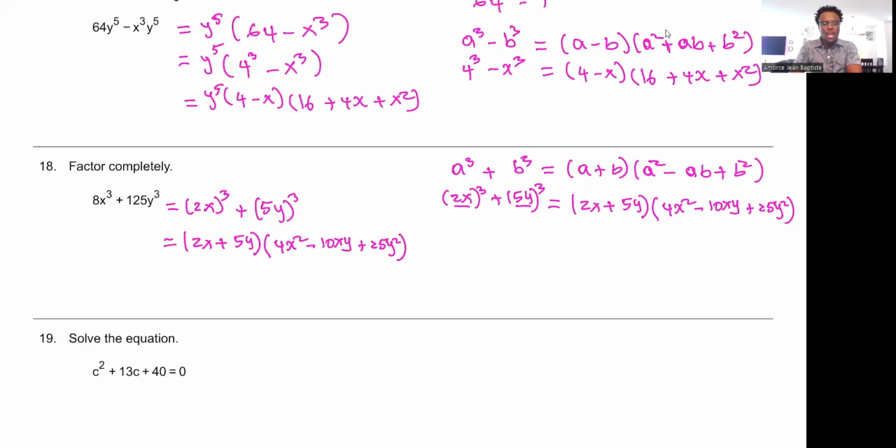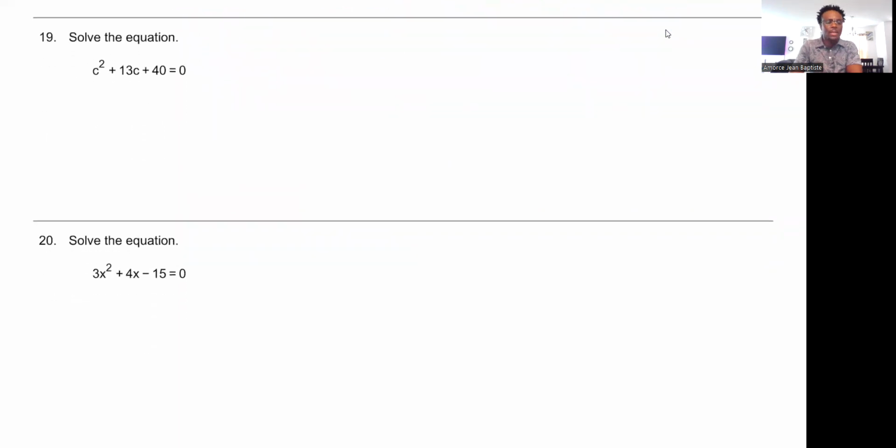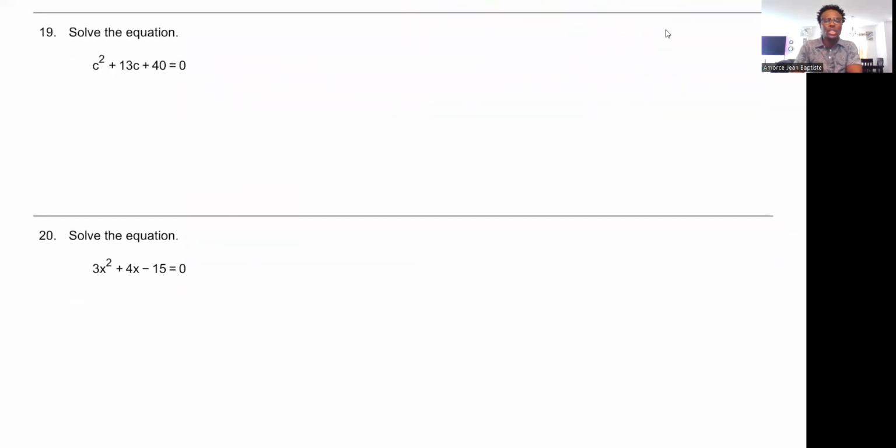Okay, and then now we're going to start using factoring to solve equations. So let's see here how we solve by factoring. Number 19. When we solve by factoring, we should use, if you remember, the zero product property.